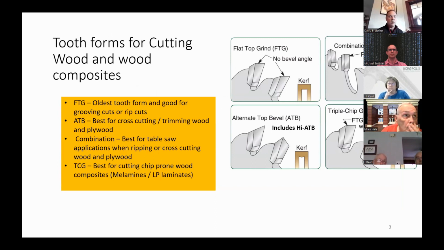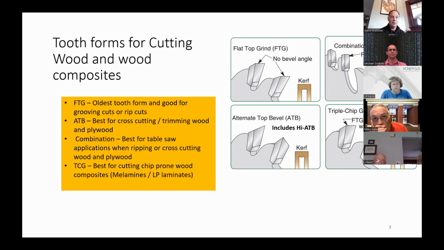Okay, so just talking a little bit about the tooth forms for cutting wood and wood composites. That's obviously a very big area. A lot of people use these kinds of materials for cutting, and obviously I use it quite significantly in the cabinetry making that I do. But really, there are 4 general types of carbide tooth form shapes out there for cutting wood and wood composites.